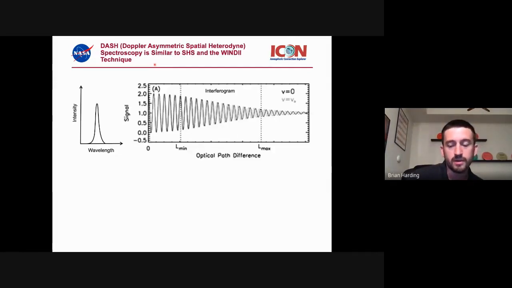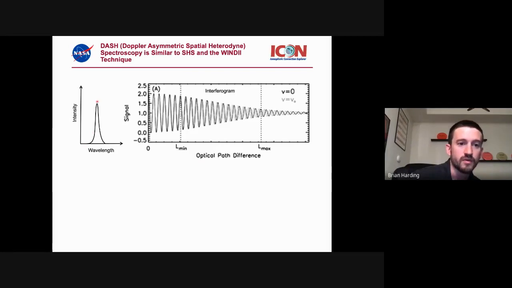I won't go too much into instrumentation in this talk, but I'll give a little taste. MIGHTY is, at its core, just a type of Michelson interferometer. And Michelson interferometers are fairly simple in that the signal that you measure is a scaled version of the Fourier transform of the spectrum.